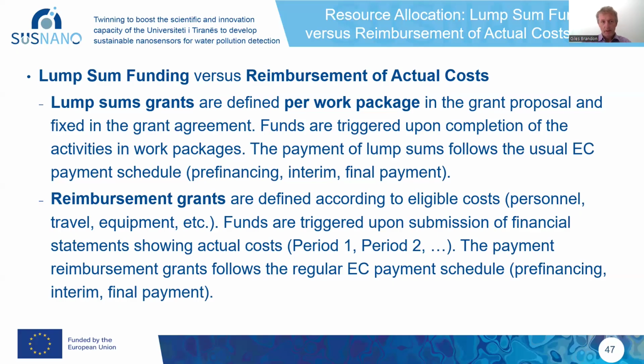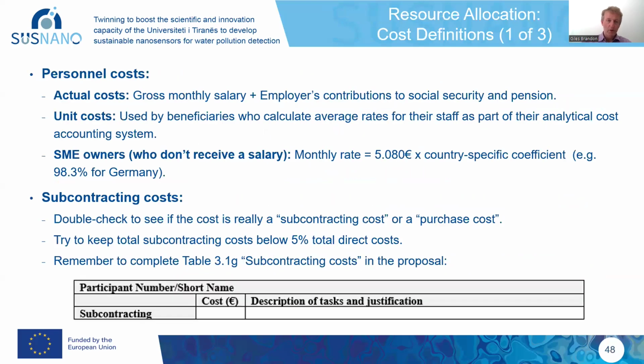But that's not enough of an explanation about each of these different funding mechanisms. Before I get into talking about those, I need to talk some more about these different types of costs.